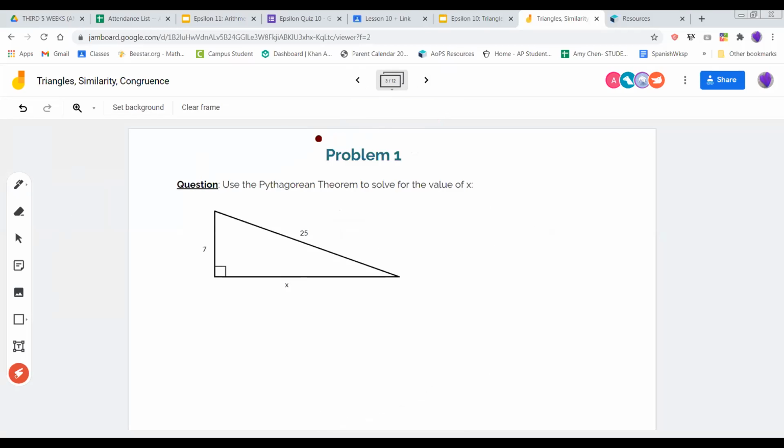Okay, this is the first problem. You can just use a sticky note to put your answer on the slide. We did a similar problem during the lesson.